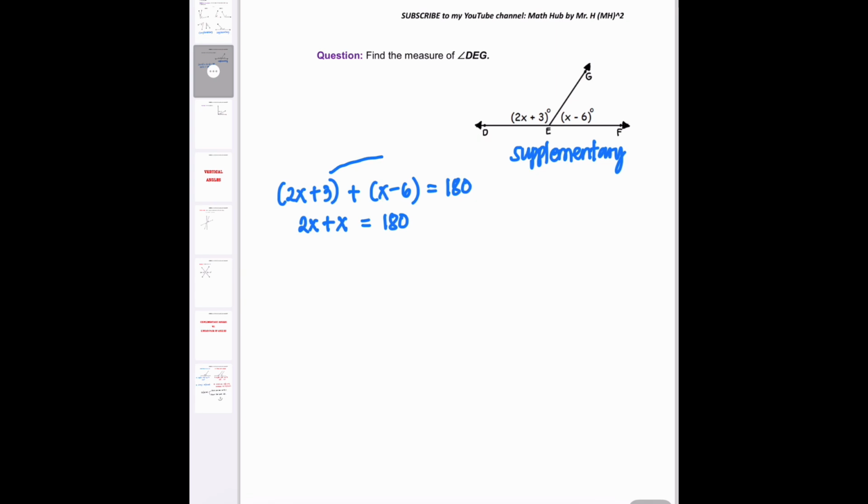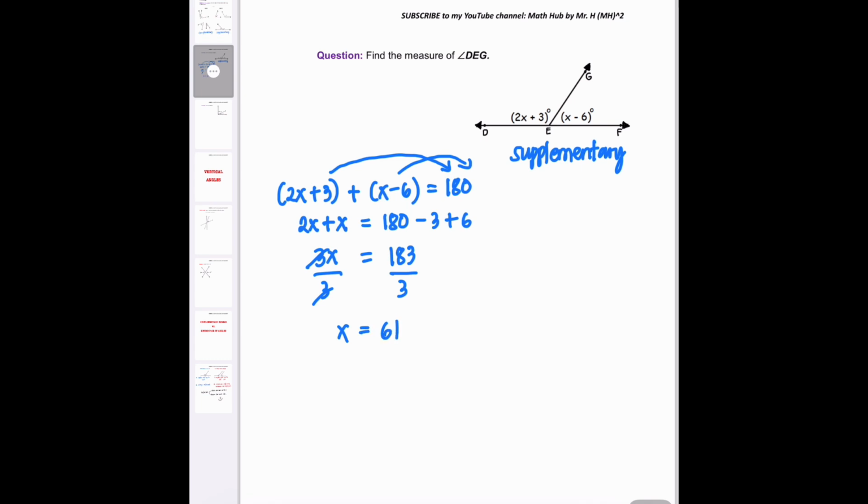Positive 3 jumps to the right and becomes negative 3. And negative 6 jumps over to the right and becomes positive 6. From here, we will have 3x equal to 183. So we divide both sides by 3, cancel out, and we'll have x equal to 61.